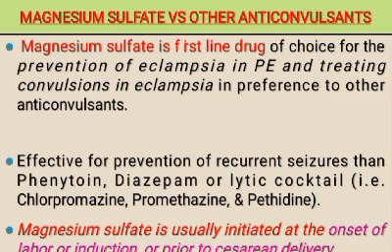It is more effective for prevention of recurrent seizures than phenytoin, diazepam, or lytic cocktail. That means chlorpromazine, promethazine, and pethidine. Magnesium sulfate is usually initiated at the onset of labor or induction or prior to cesarean delivery.